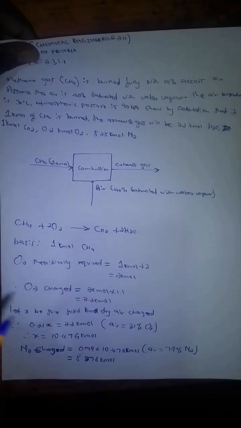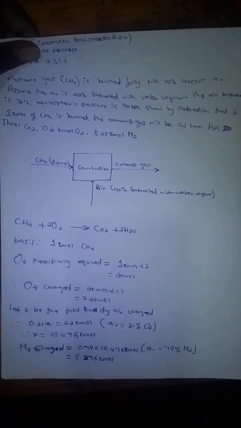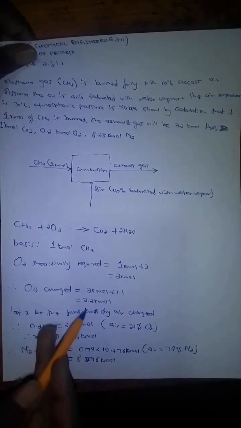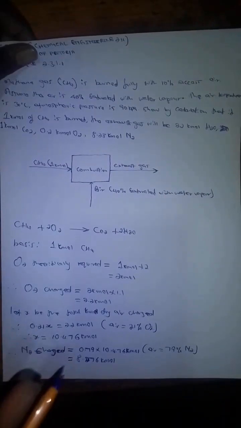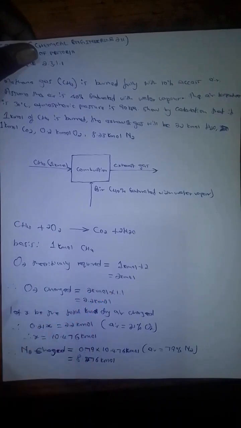We have established that in the exhaust gas we're going to have 0.2 kilomole of oxygen because 2.2 was charged and 2 reacted. It's also important to check whether there is any other oxygen that can appear in this reaction. Definitely not. So all the oxygen in the exhaust gas is the oxygen that remained after 2 kilomole of the 2.2 kilomole reacted. So now we have established that there's 0.2 kilomole of oxygen in the exhaust gas.